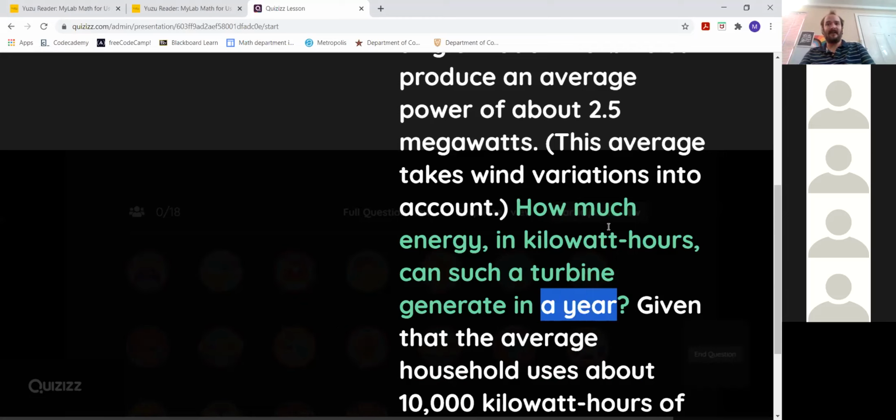So what time measurement do we want to break a year into? Days. Not days. We're making this into kilowatts, and we got to make this into hours. Hours, exactly. So we're converting this to kilowatts, we're converting this to hours, and then we're multiplying the two.